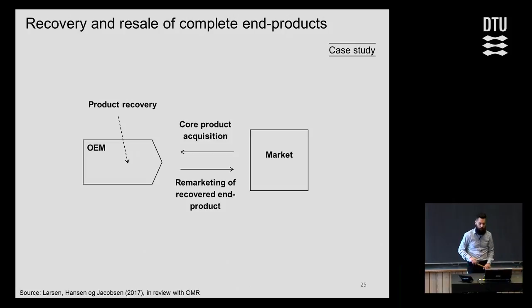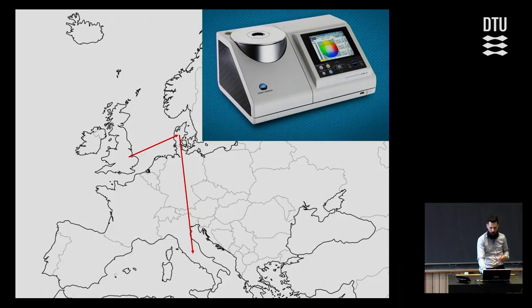Now, I did a case study with a firm that sells measurement equipment, and this is the reverse supply chain function that I studied the decisive factors for. The firm takes back the product from the market, recovers that product, and then resells it again. This could be to more price-sensitive market segments of their current markets or to new geographies, Eastern Europe, Turkey, for example. So this is the case we looked at.